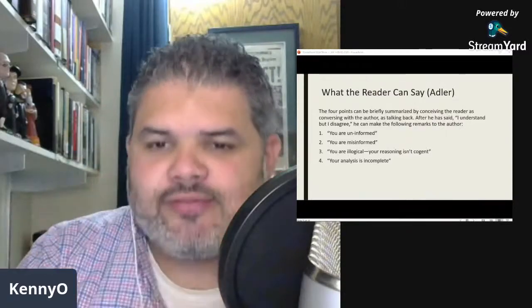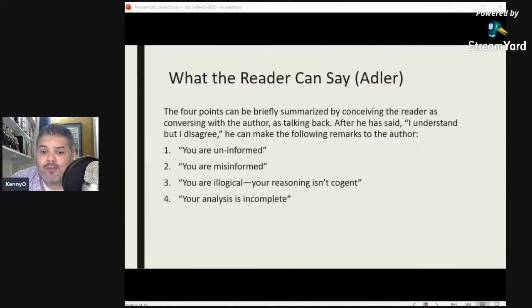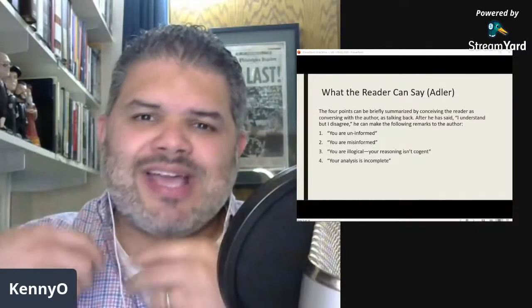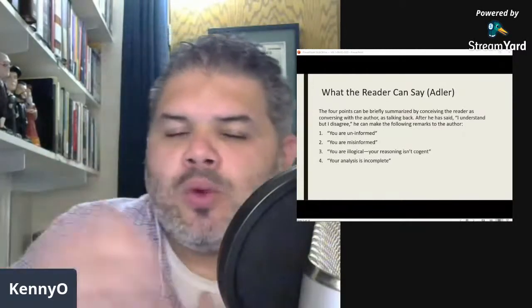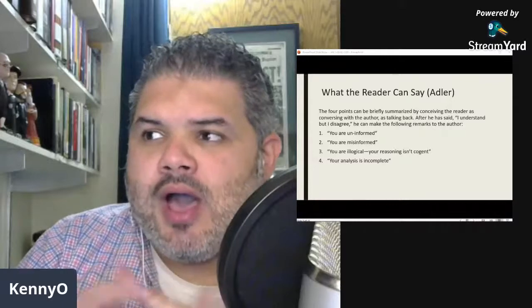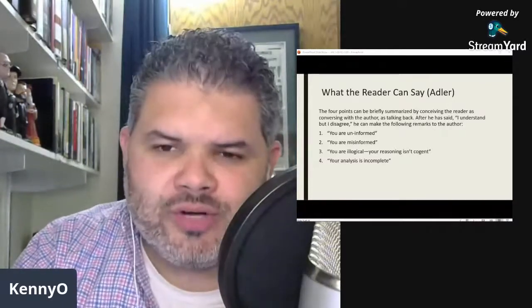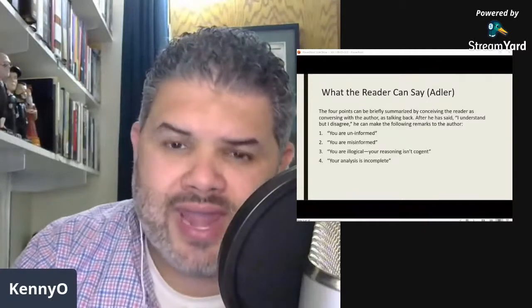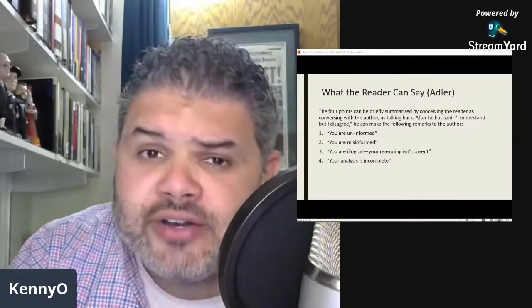You have wrong information. Now, someone may also be uninformed, right? That means they're missing information. Uninformed means something you don't know. Misinformed means you know it, but it's actually inaccurate. So what if I said to you, actually, no one in the universe knows the force or speed of gravity? You could say, "Well, Kenny, I disagree with you. You're actually uninformed.